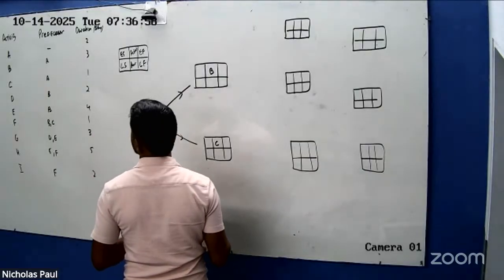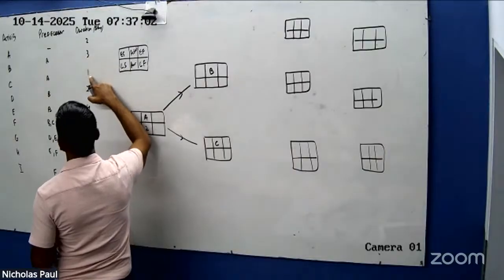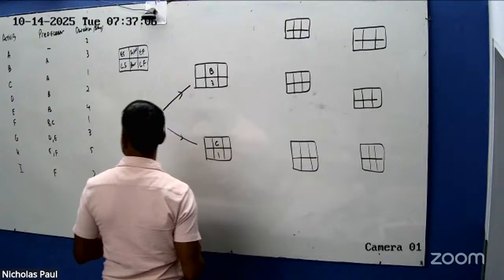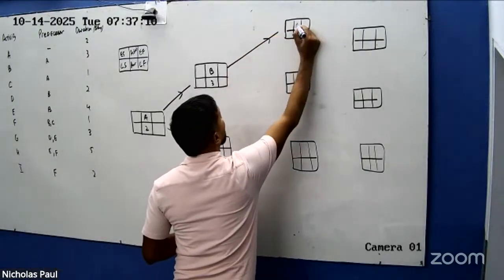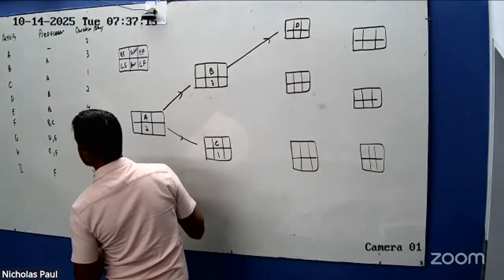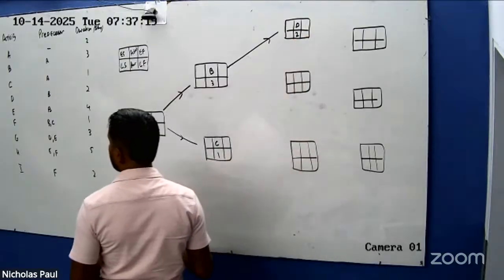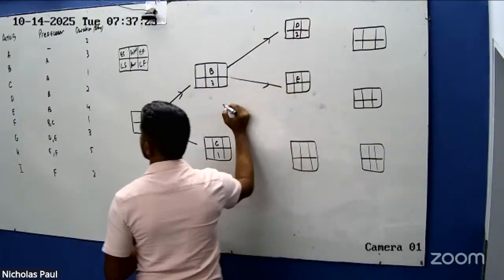B takes 3 days, C took 1 day. Next, D is dependent on B, and D took 2 days. What else is dependent on B again? E. E took 4 days.